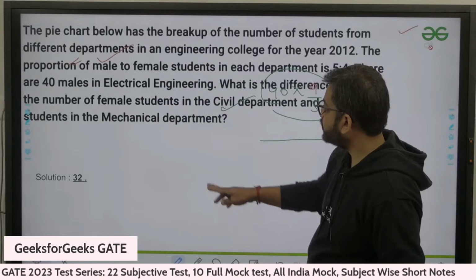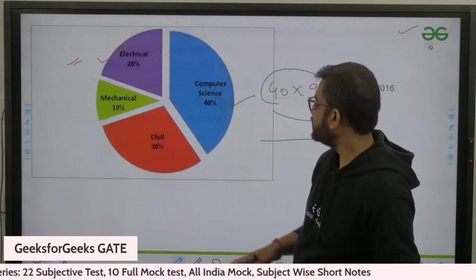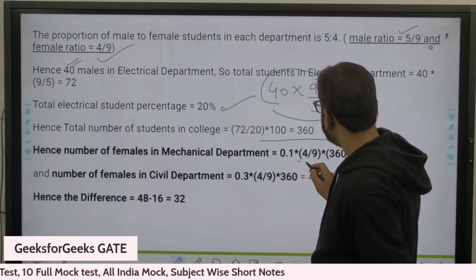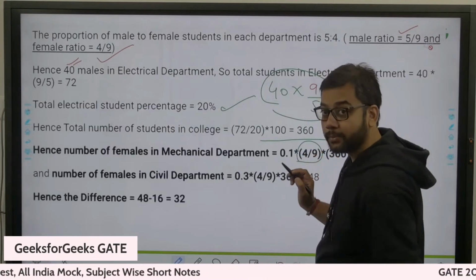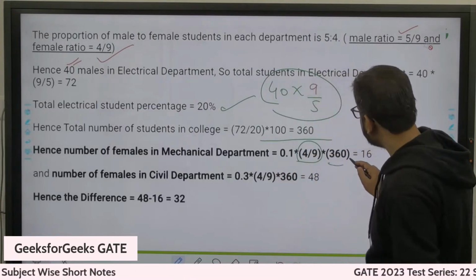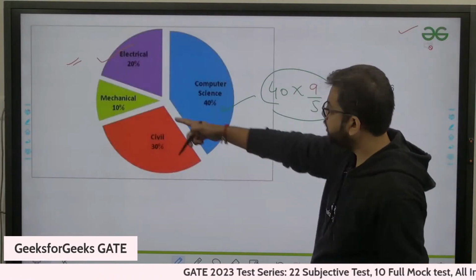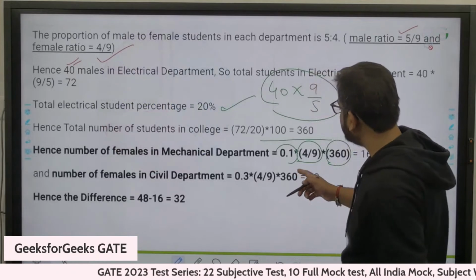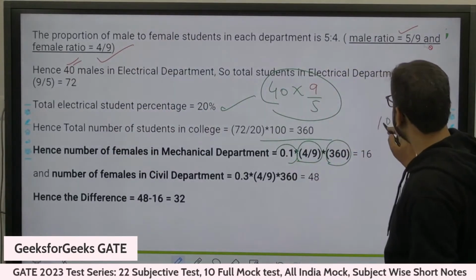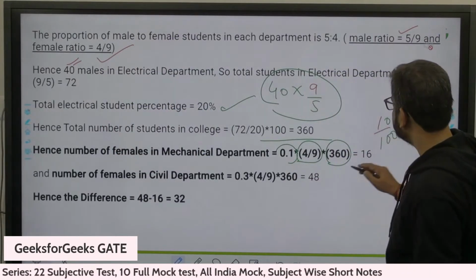Now we have to find out the number of females only. Female is basically what? 4/9. So see, this 4/9 is the number of females, this is the total number of students, and this is the 10%. Either you write this as 0.1 or as 10/100. Both are acceptable.